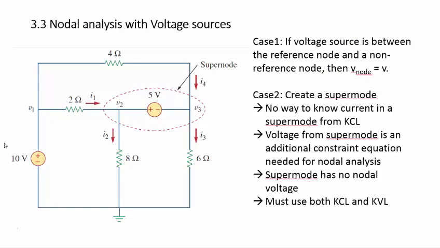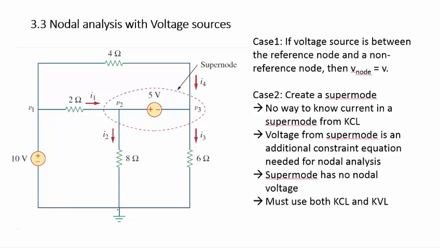So you can see there's two voltage sources in this circuit, and we have two different cases that we could address. One is if the voltage source is connected between the reference node and some other non-reference node, then it's pretty straightforward that the voltage is the voltage of that source.